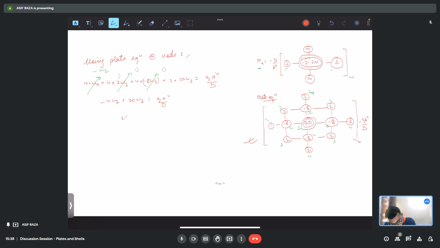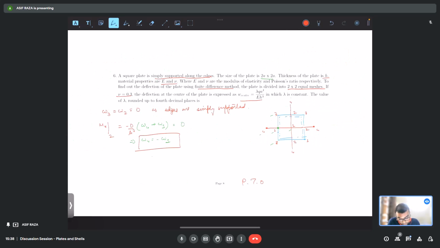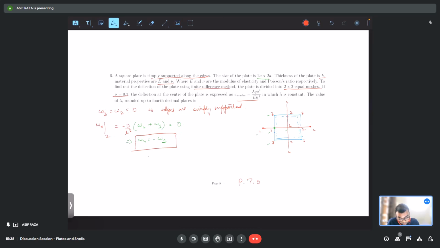So 16w1 equals Qa4 by D, w1 is equal to Qa4 upon 16D. What terms we have to find? Okay, so I need to simplify much more.